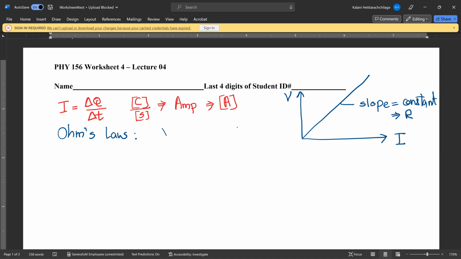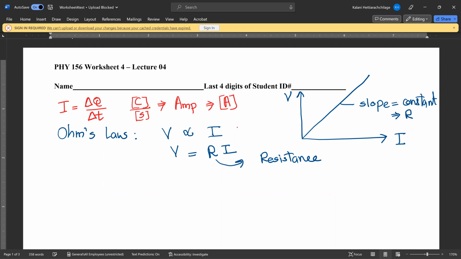Now Ohm's law says V is proportional to the current, and you can write V using an equal sign with some constant times I. That constant we call the resistance, right? So resistance is the value of the resistor.